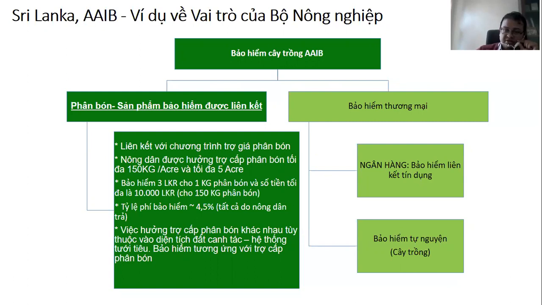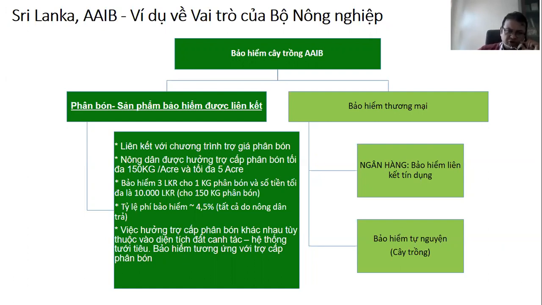But in addition, the biggest product they have is a product that's linked to a government fertilizer subsidy program. Here in Sri Lanka, the farmers are entitled to fertilizer subsidies, and the insurance product is bundled with the fertilizer subsidy that the farmers receive.